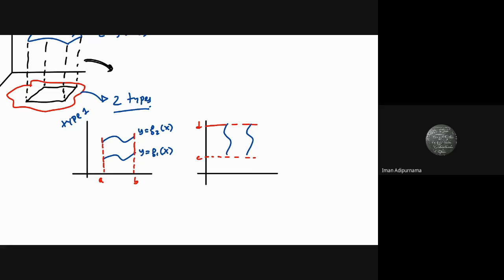This is c, d. So x is a function of y, and let me name the function h. This is type 2.